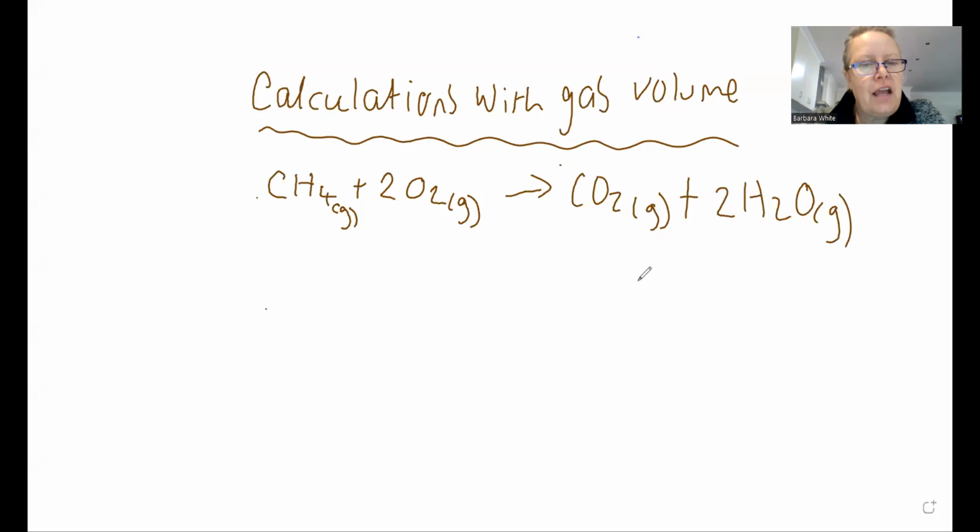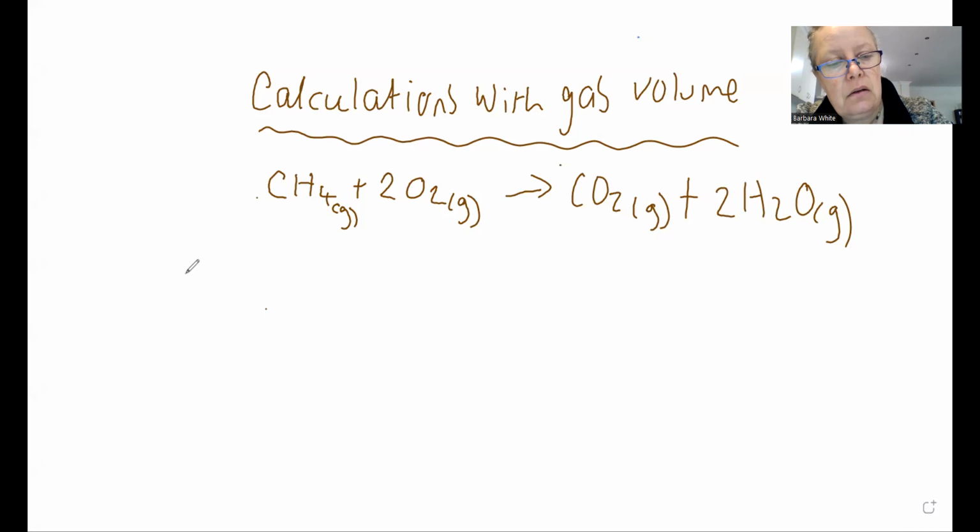Okay, this one they've given you a balanced equation, and it says if 50 mils of methane is burnt, what volume of oxygen will you need? Calculate the volume of oxygen required for complete combustion under constant temperature and pressure conditions. So at a given temperature and pressure, we can work out how many moles of methane there are.